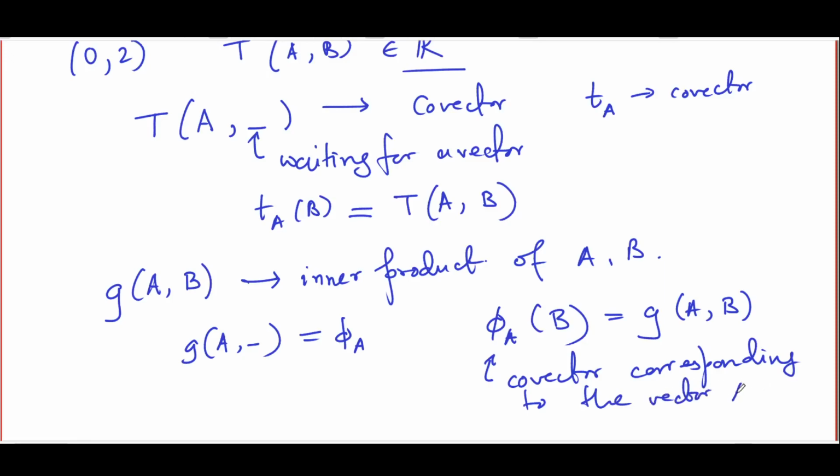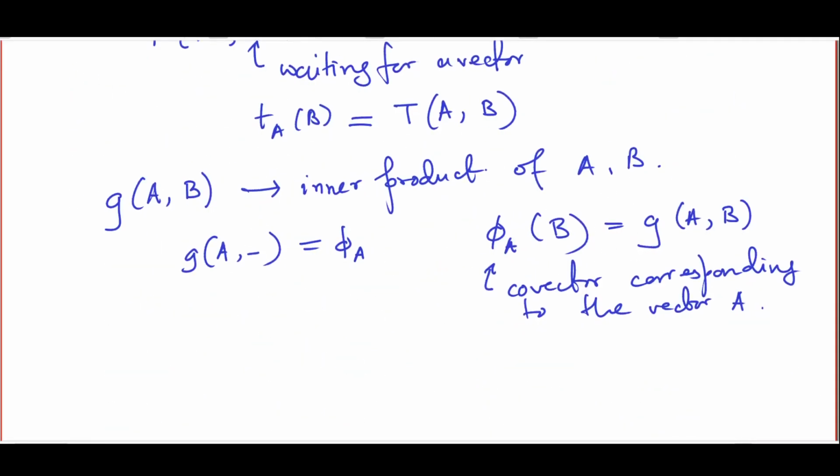Instead of using the vector A and the metric to produce an inner product, you could just use the covector A acting directly on a vector to produce the same result. And this is exactly what we meant when we said that you have a covector version of a given vector.